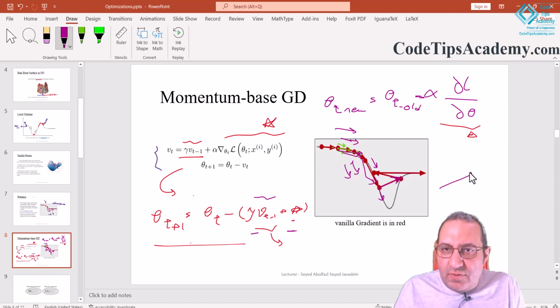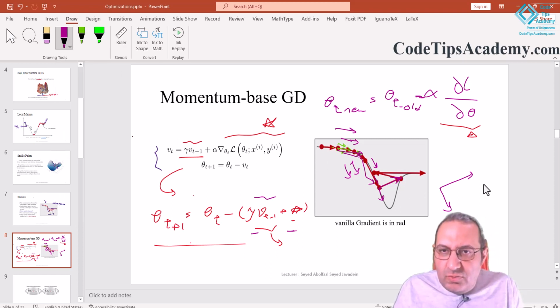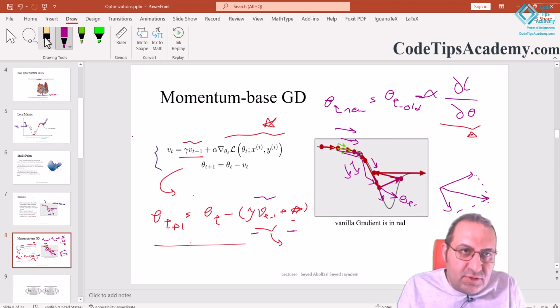As you can see here, we have two vectors, and we should calculate the sum of the two vectors. The sum of these two vectors is this, and it goes here for t.